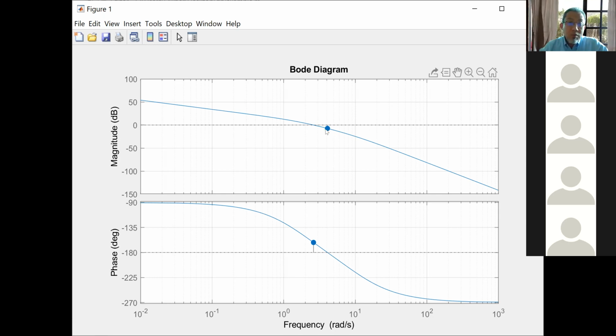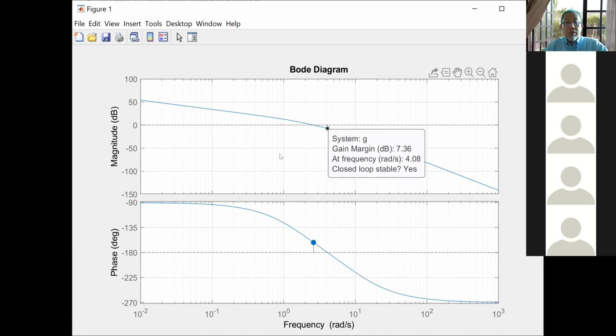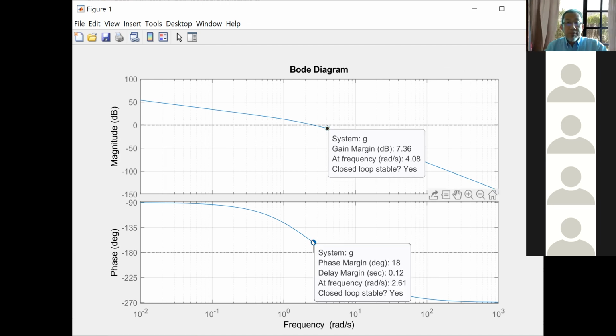You have to click this blue dot. It gives you 7.36 decibel and 18 degrees, positive. So the system is stable.